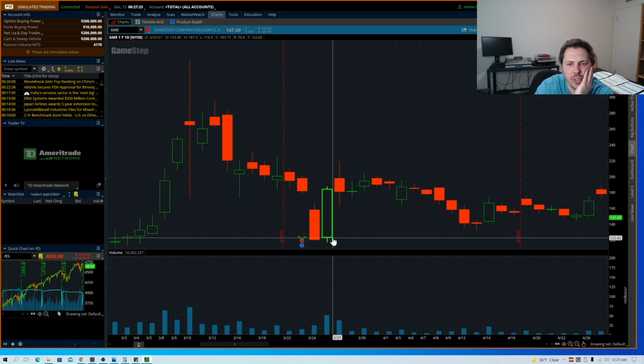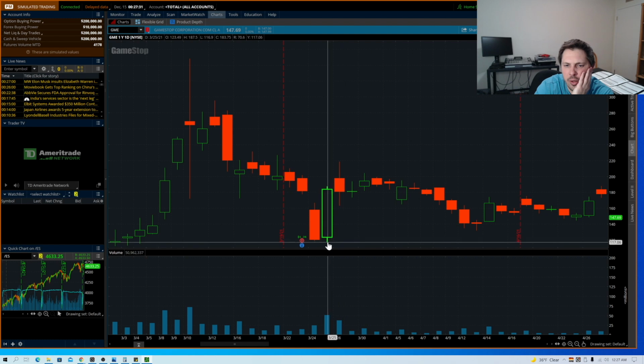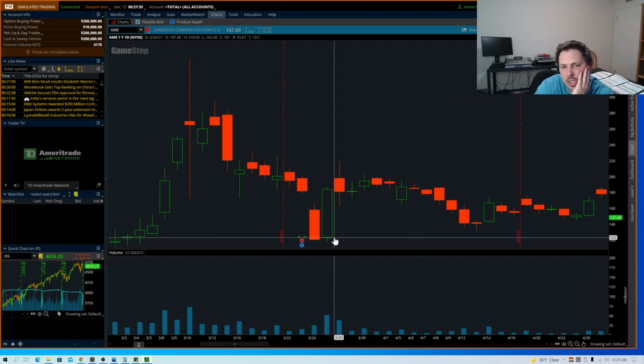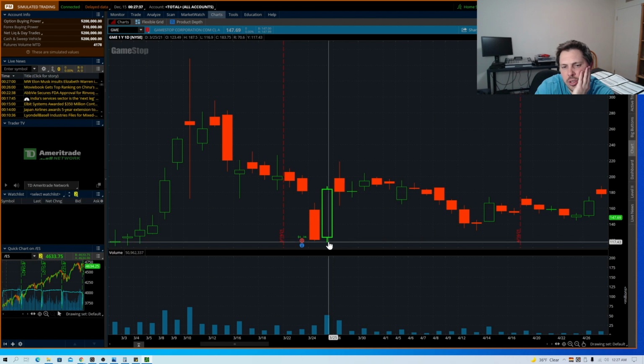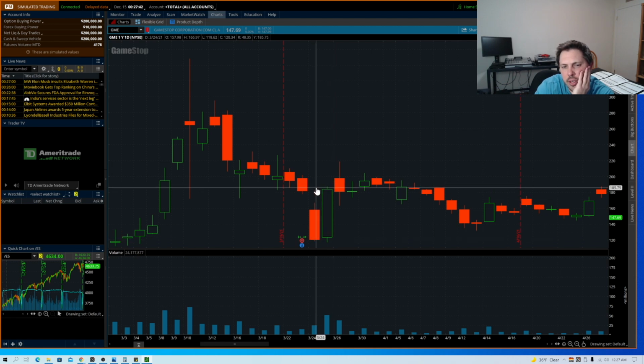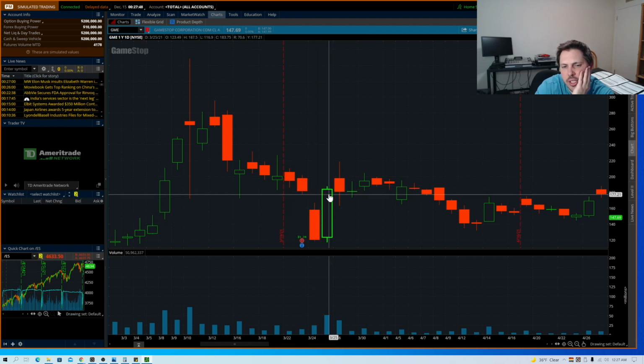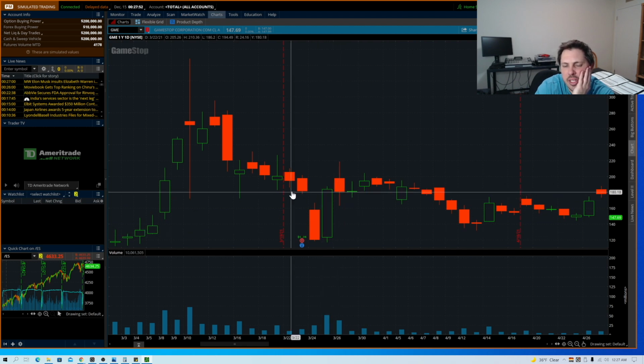So the open was 123.49. Here's the open. The low of the day would be this little wick. And so here's the low, here's the open. Here's the high, which is that top wick. And then here is the close, because this is a green bar, meaning that it closed up on the day.